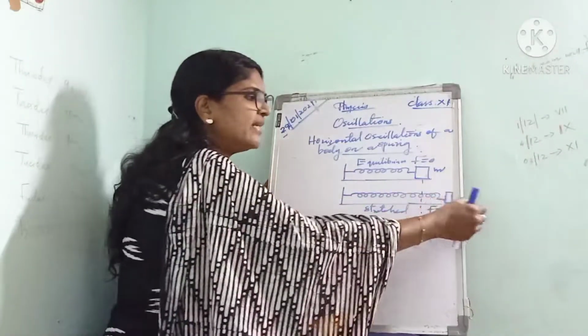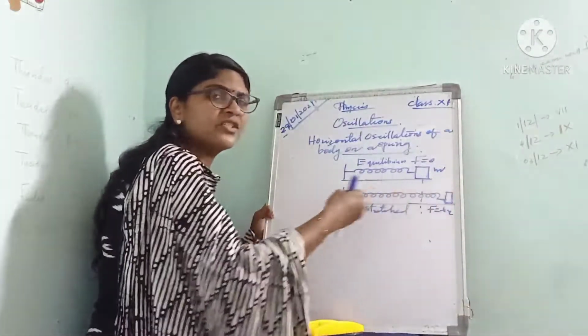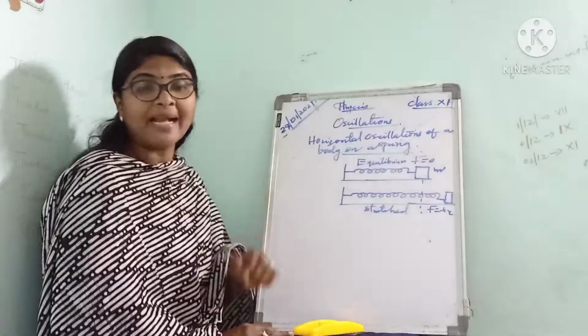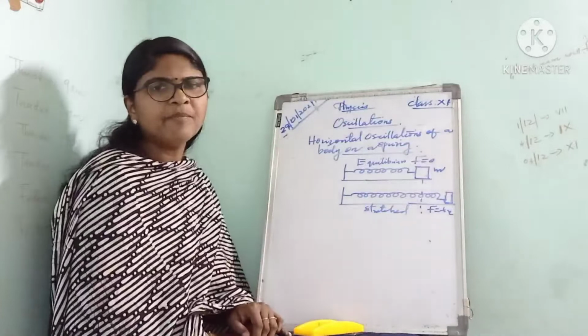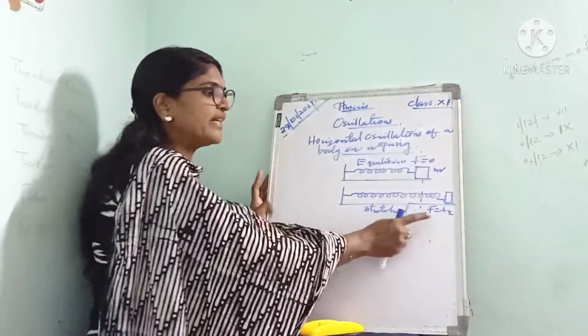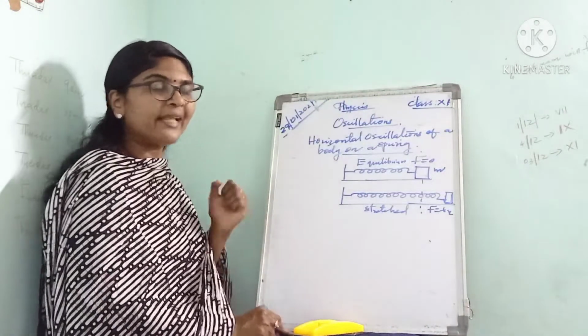When we pull this mass to one end and release it, it starts oscillating horizontally, back and forth, about the mean position or equilibrium position under the action of the restoring force F equal to minus kx. Restoring force we have already learned.